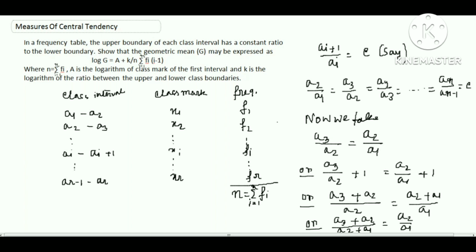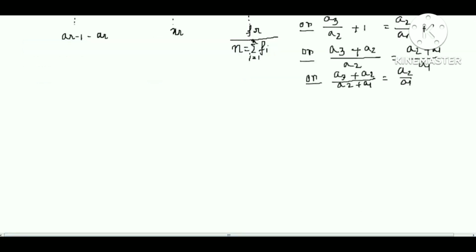If we divide this by 2, then we have (A3 plus A2) divided by 2 divided by (A2 plus A1) divided by 2 equals A2 divided by A1, and we know that (A3 plus A2) divided by 2 is the class mark of the second row.